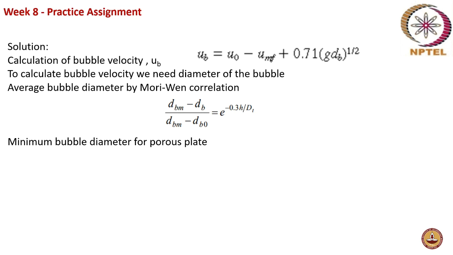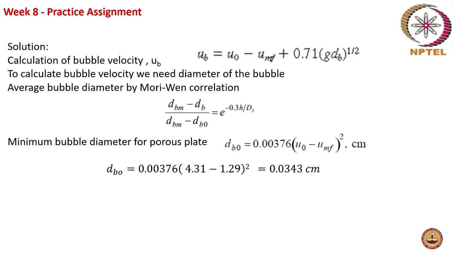The minimum bubble diameter for a porous plate, because they have already given in the question porous plate, right. So the minimum bubble diameter is given by dB naught is equal to 0.00376 into U naught minus UMF the whole square. We have the value of U naught and UMF, so just directly substituting it, you will get the minimum bubble diameter to be 0.0343 centimeter, right?